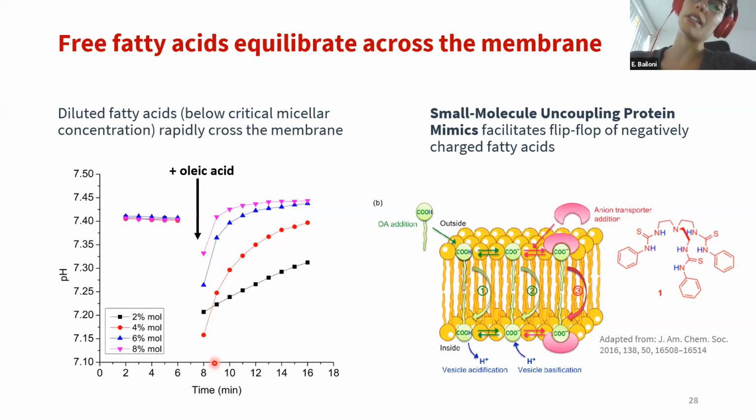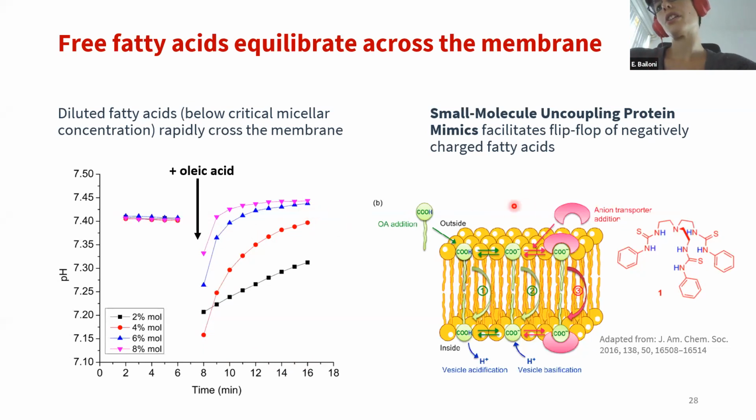In the time scale of minutes, you see a recovery in the pH. This is due to the negative form of oleic acid diffusing and taking up a proton. And when the system is fully equilibrated, then the pH is back to the initial pH.